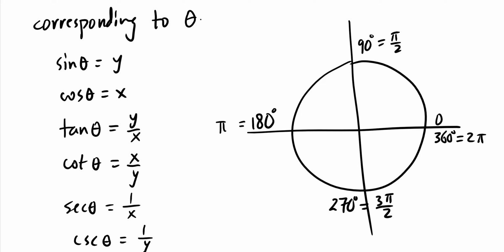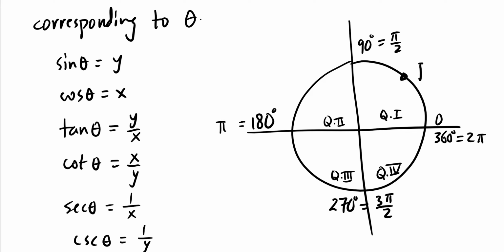This is quadrant 1, quadrant 2, quadrant 3, quadrant 4. We are going to look at the sign of those 6 trigonometric functions in each quadrant. When is it positive? When is it negative? So let's look in the first quadrant.